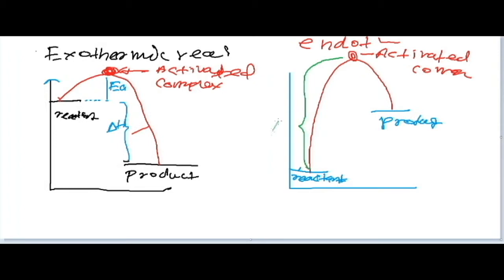So this energy we called as the activation energy, and the energy gap between product and reactant, this gap we call delta H.